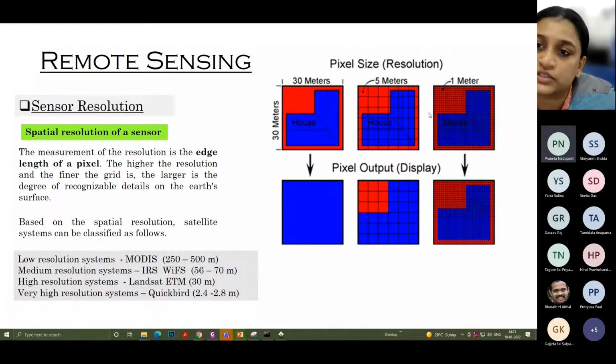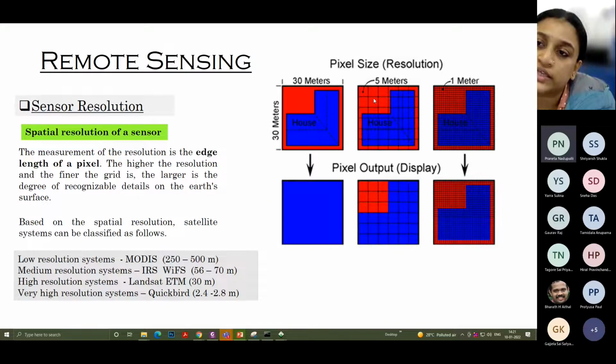You can see in the first, it has captured almost 30-meter data in 1 pixel. Like if you can visualize 30 square meters, that area is captured within 1 pixel. So if a house is within it, the pixel outcome you will see in the satellite image would be something like that. There will be no defined edges to the house just because it has a very coarse resolution.